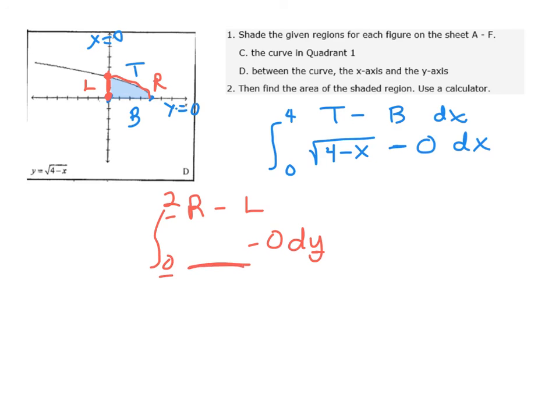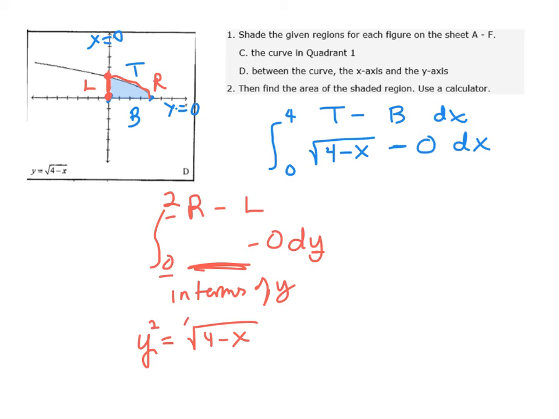And then this function in here needs to be in terms of y, because you're integrating in terms of y instead of x. So how on earth do you get that? Well, I've got y equals the square root of 4 minus x. What I need to do is solve for x.